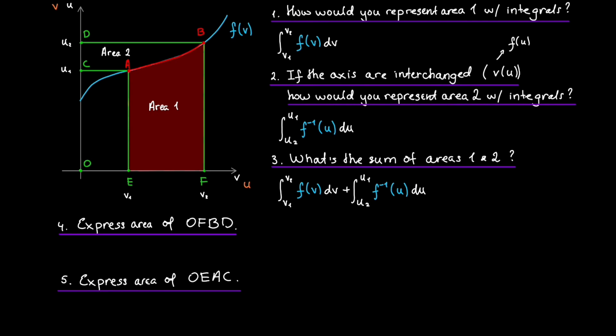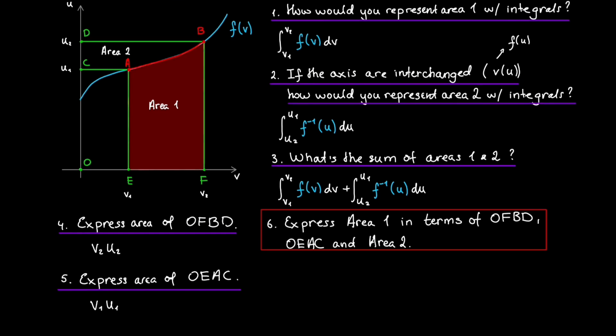So technically, the area of this big rectangle is simply going to be v2 multiplied by u2. And then they asked us to express the area of OEAC. So this is going to be right here, this smaller rectangle. Once again, we have the length and we have the width. So the area can simply be expressed as v1 multiplied by u1.